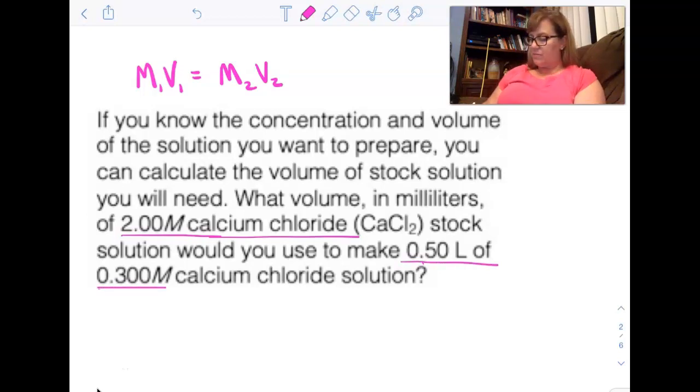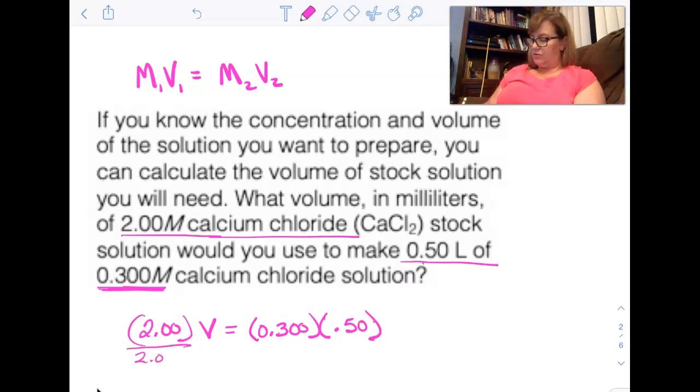Notice the 0.3 molar is a smaller molarity. That means it's more dilute. It's less concentrated. So we know that our stock solution is 2 molar. We want to know what volume we need to take of that in order to have a 0.3 molar solution and to have 0.5 liters of it.